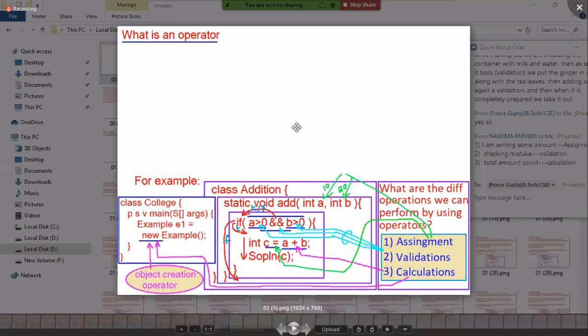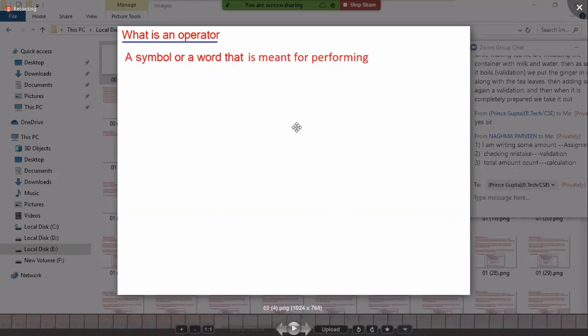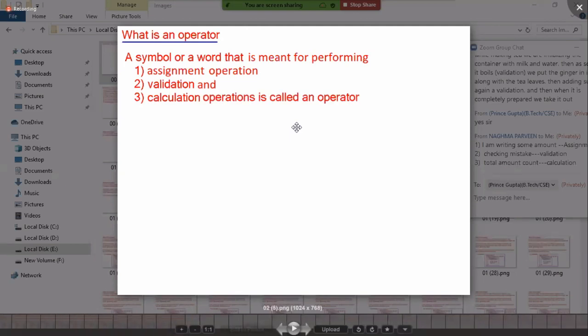New is not a symbol, it is a word, still it is acting as an operator. So what is an operator? A symbol or a word that is meant for performing assignment operation, validation and calculation operations is called an operator.